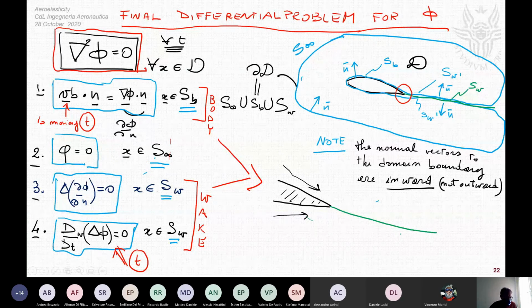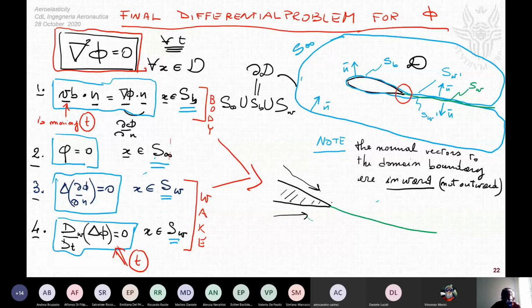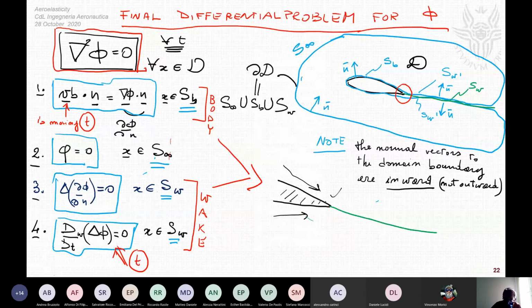Okay? And what you state in this point here is something like a continuity to be ensured, in the sense that the following: in this zone, if you take a picture in this condition here, you have a value of phi in the x upper.